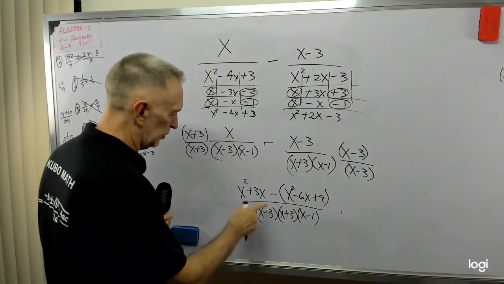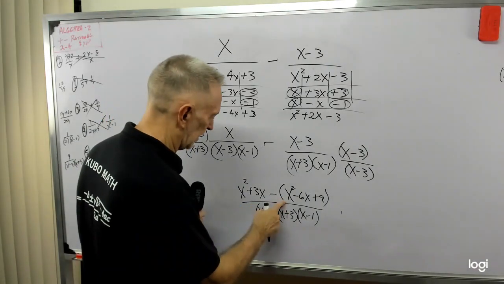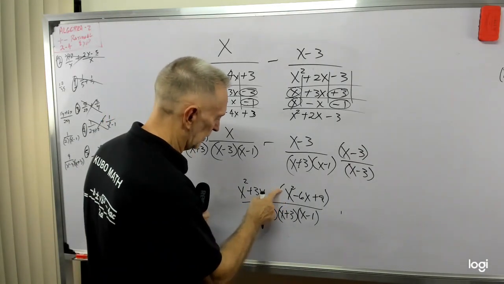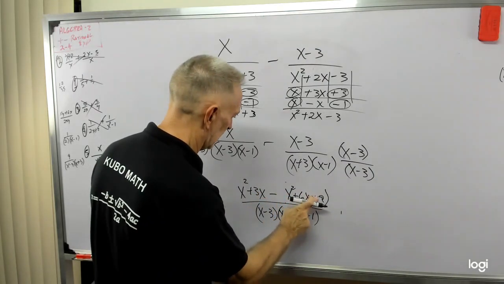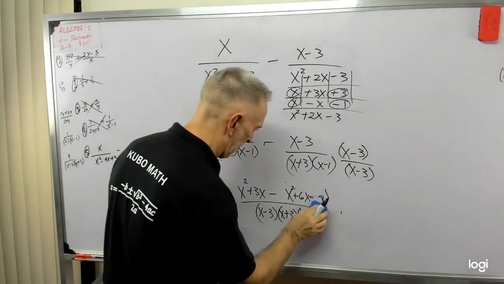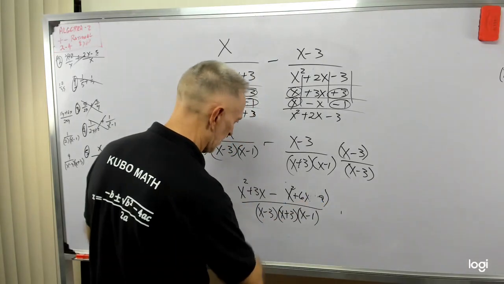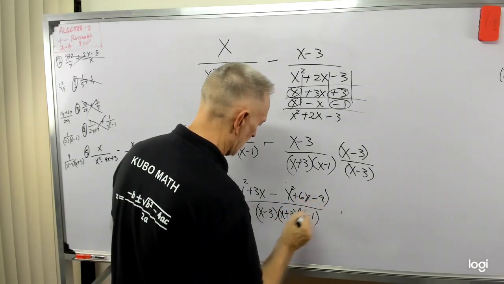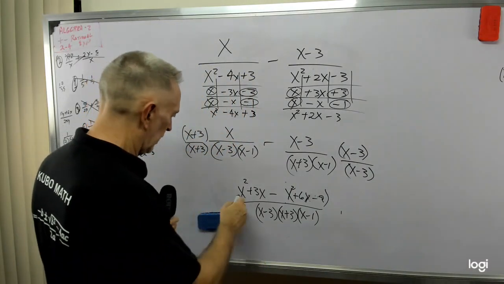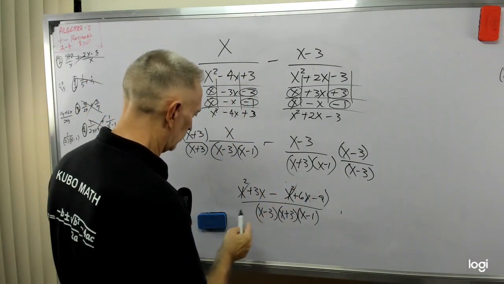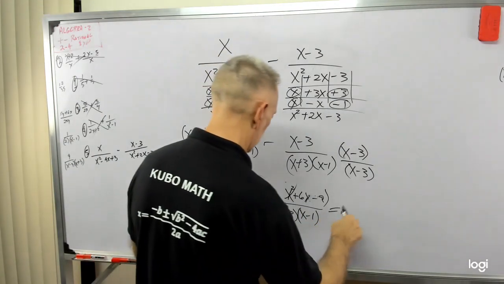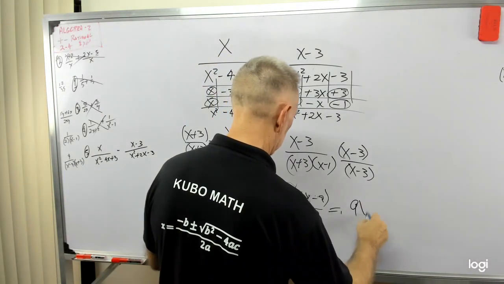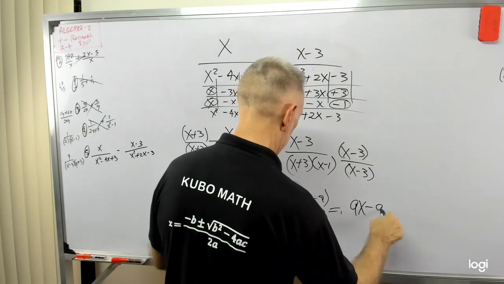Now then, I'm going to distribute, for the sake of space, that negative to the inside. So that's negative x squared plus 6x minus the 9. Okay, so x squared minus x squared, those cancel. 6x plus 3x, that's 9x minus 9.